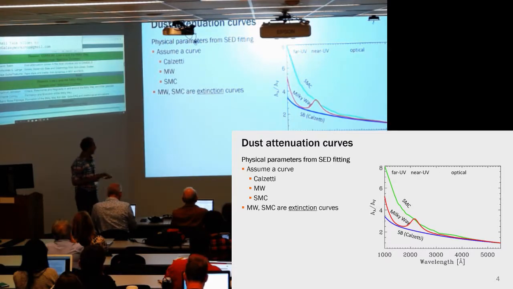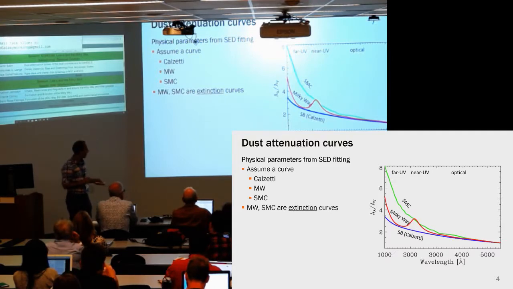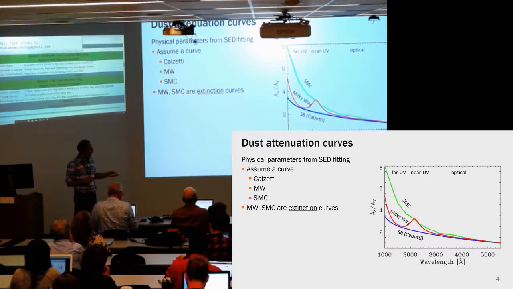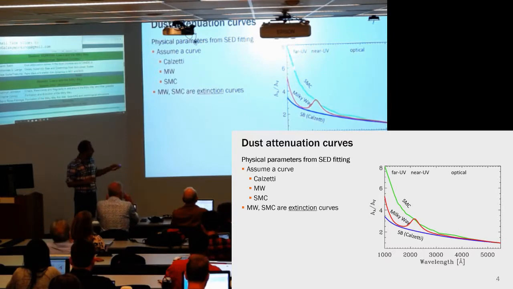And as I'm sure you're familiar, the popular choices are like the Calzetti curve, which is a relatively shallow curve, which means that for a given amount of AV attenuation, it doesn't have that much more UV attenuation. The opposite example would be the SMC curve, where for the same amount of AV attenuation, you have much more far UV attenuation, okay?